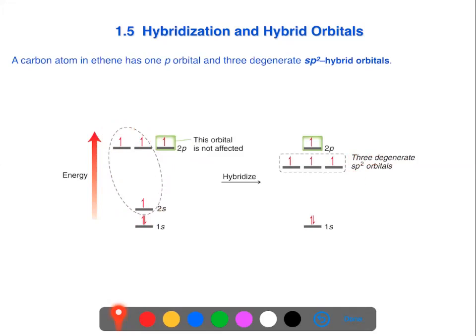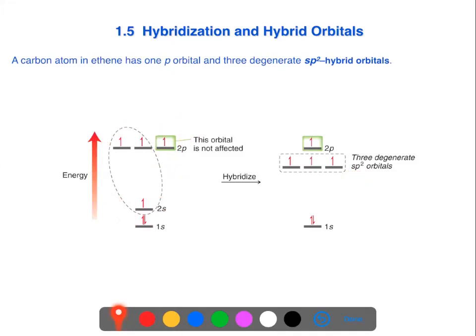So again, sp3 was the result of mixing an s and 3 p's. In this example, we're mixing an s with 2 p's. And so the term that we use to describe the resulting hybridized orbital is an sp2 hybridized orbital. This is important that only 3 of them are being mixed, because what that means is that this 3rd p orbital is no longer being mixed, no longer undergoing hybridization.